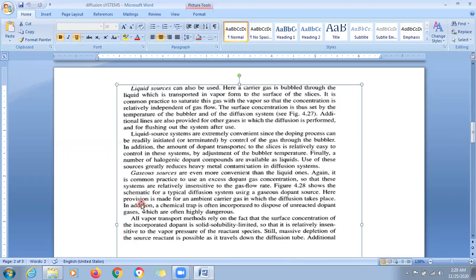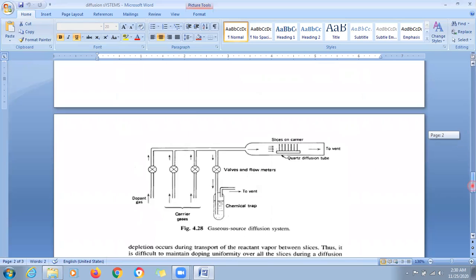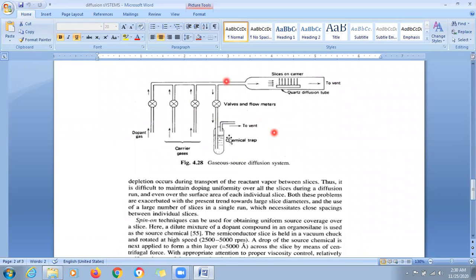In addition, a chemical trap is often incorporated to dispose of unreactive dopant gases. So here we can see this is the chemical trap. Unreactive components are disposed of from here.